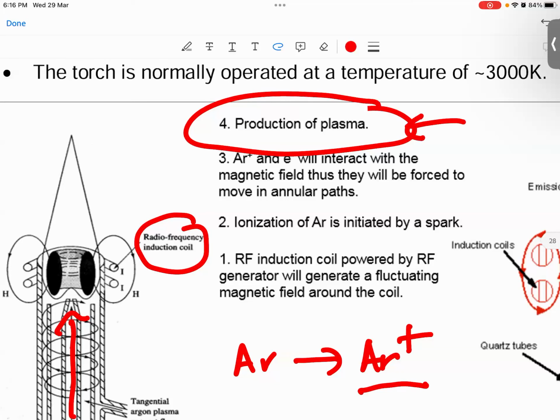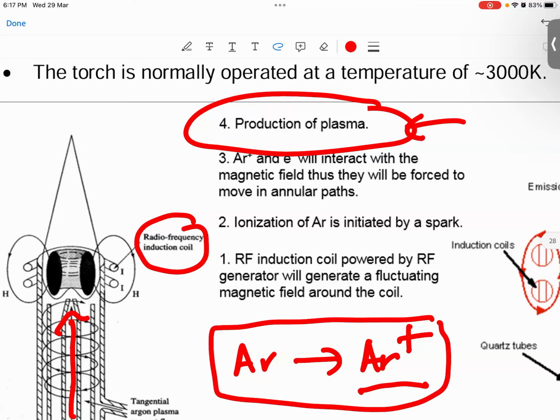In this case, plasma is not like the plasma in your blood. Plasma is a wave of heat, a very strong, high-temperature region produced by the argon ions.